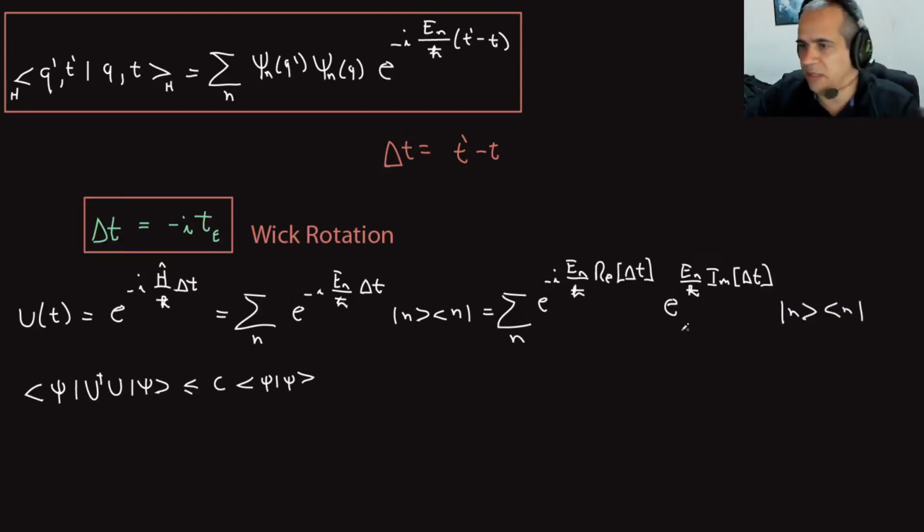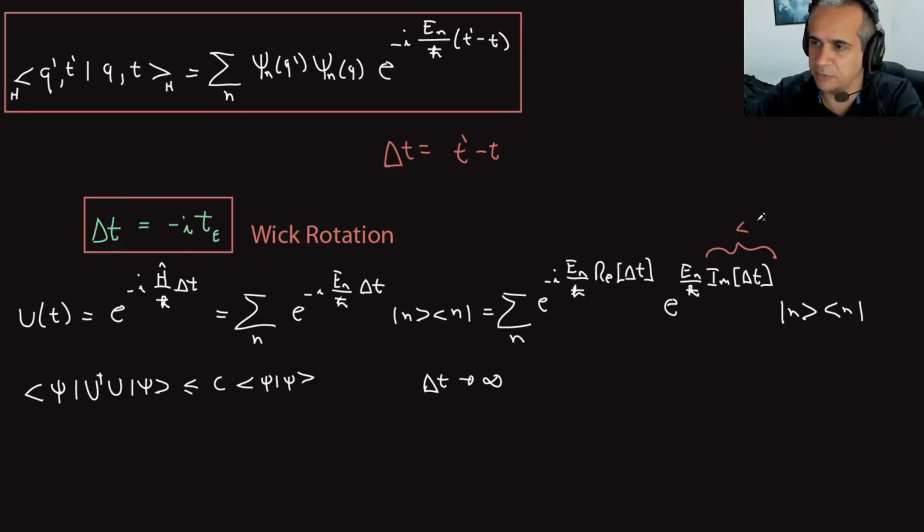So it's clear that if I want this property to be true for a finite bound, I have to keep this exponential under control. Otherwise, when delta t goes to large times, this operator keeps getting a diverging exponential that will grow, and this operator will not be bounded. The condition is then that the imaginary part of delta t must be smaller than 0, because if this is negative, then this exponential converges and this operator can be bounded.